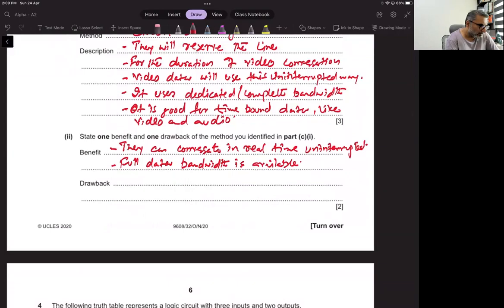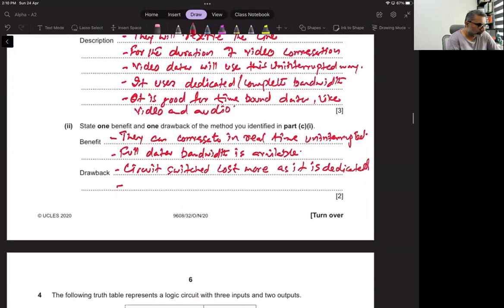The drawback: circuit switching costs more as it is dedicated. Setup is complex. That's it.